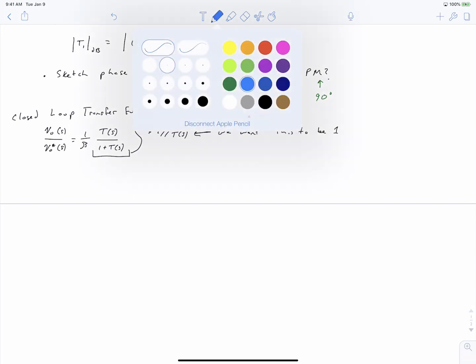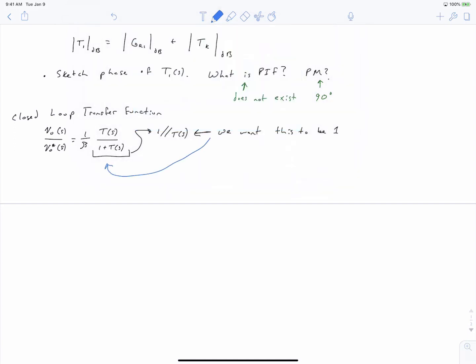If that is equal to 1, that means that this down here is equal to 1, which means that we exactly track our input voltage without any error. However, we know that can't physically happen, but that is what we're trying to make happen.